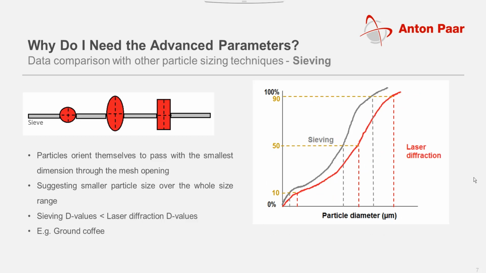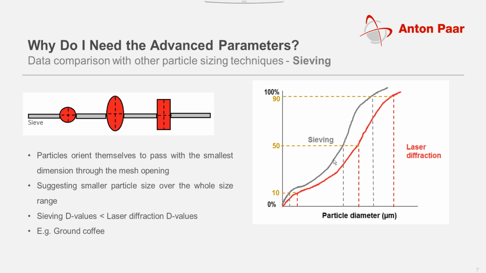Sieving is another very traditional technique, but still very used. In this technique, the particles are considered bidimensional, and they will orient themselves to pass through the mesh opening with the smallest second dimension. For this reason, the sieving D values will be typically smaller than the laser diffraction D values. This is displayed on the right in the exemplary particle size distribution for ground coffee.